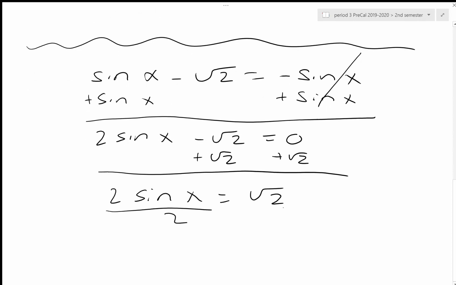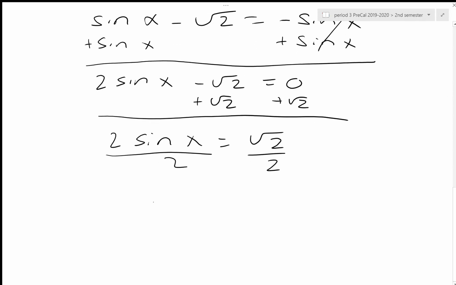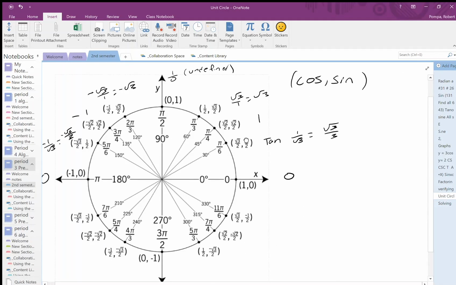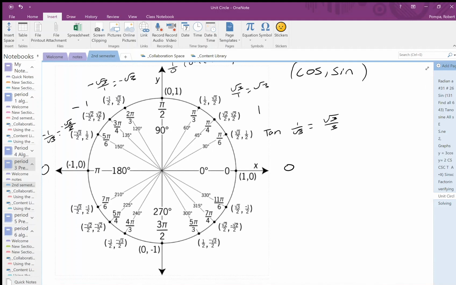Divide by 2. We have sine of x equals square root of 2 over 2. Back to our unit circle. Where does sine equal square root of 2 over 2? Well, here's one of them at pi over 4. Here's another one at 3 pi over 4. That's the only two spots where sine is square root of 2 over 2.